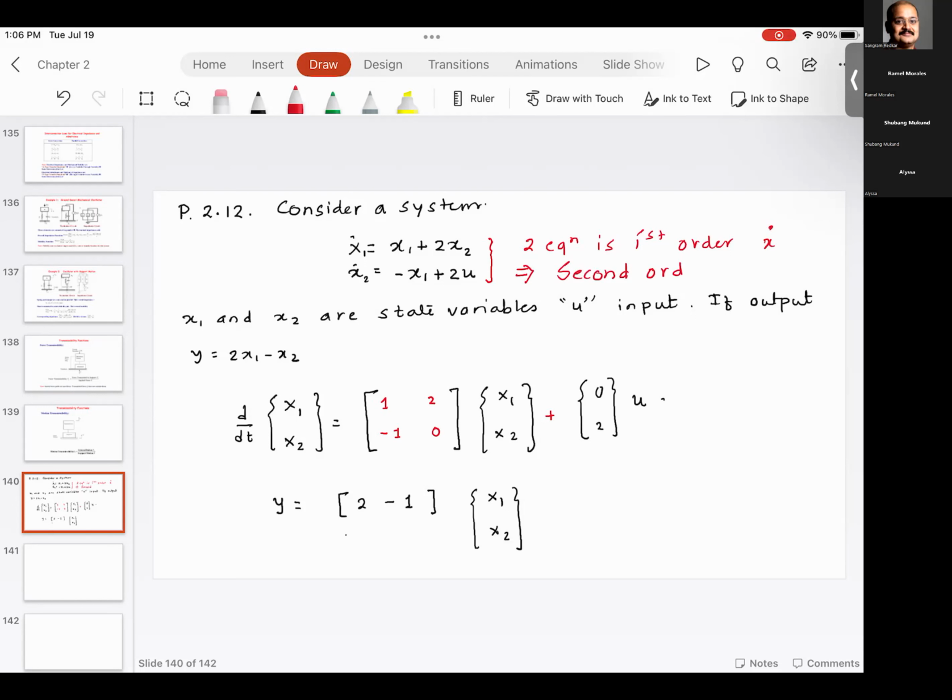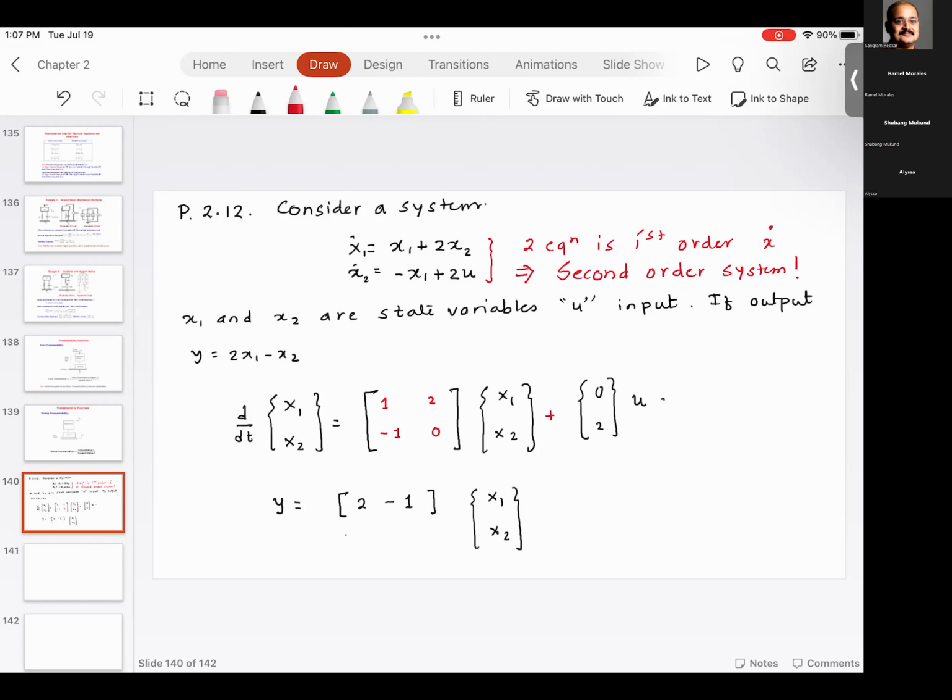Second order system. That is something that you should keep in mind. Even though the order of the equations is first order, the system itself is a second order system.